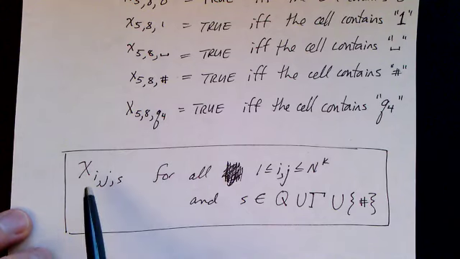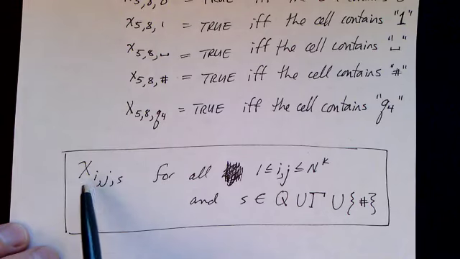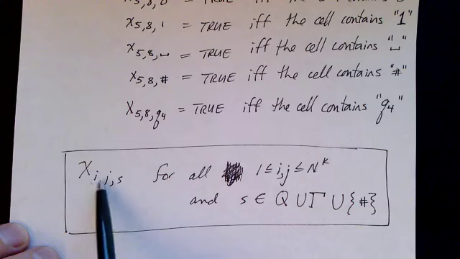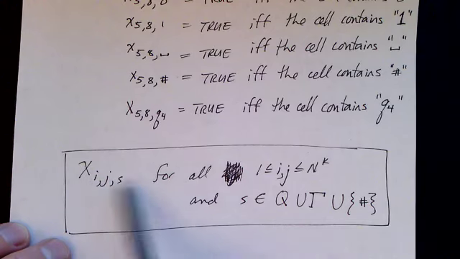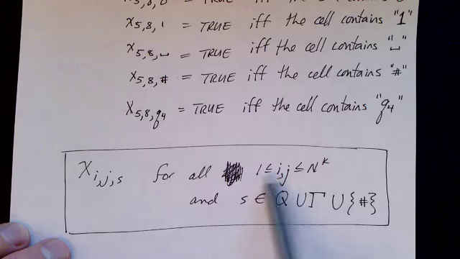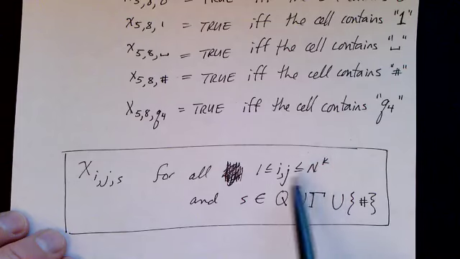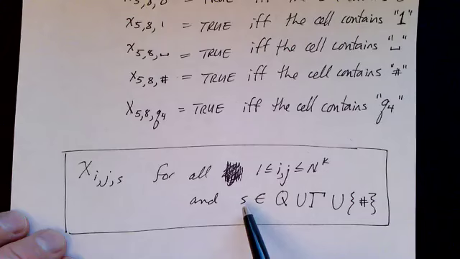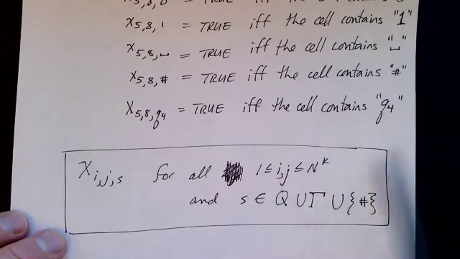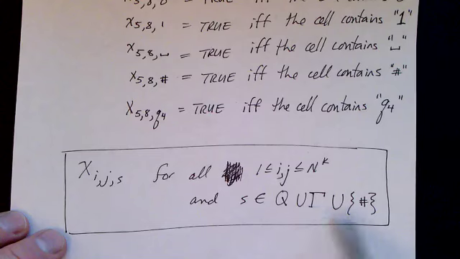These are the variables in the Boolean formula that we're going to be creating. X sub i, j, s. i and j range between 1 and n to the k plus 3, I suppose, to be very accurate. And s ranges over the possible states, such as Q4 and Q0 and so on, the symbols of the tape alphabet, and also the pound sign.